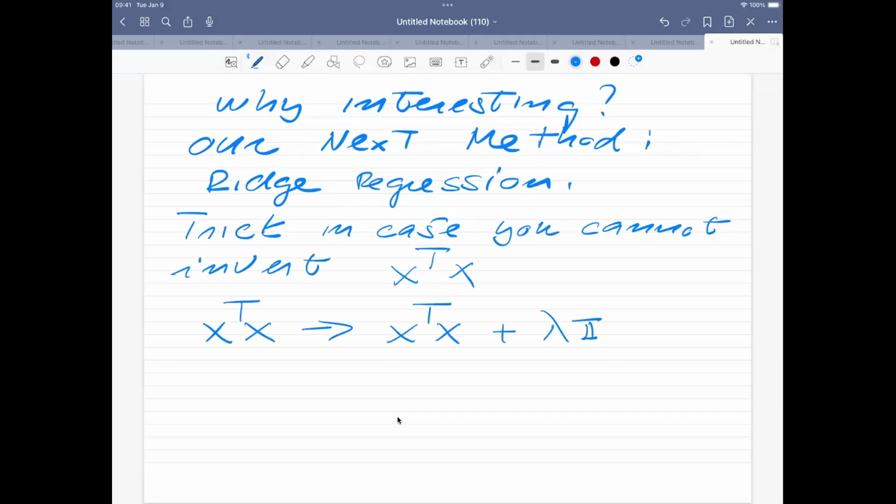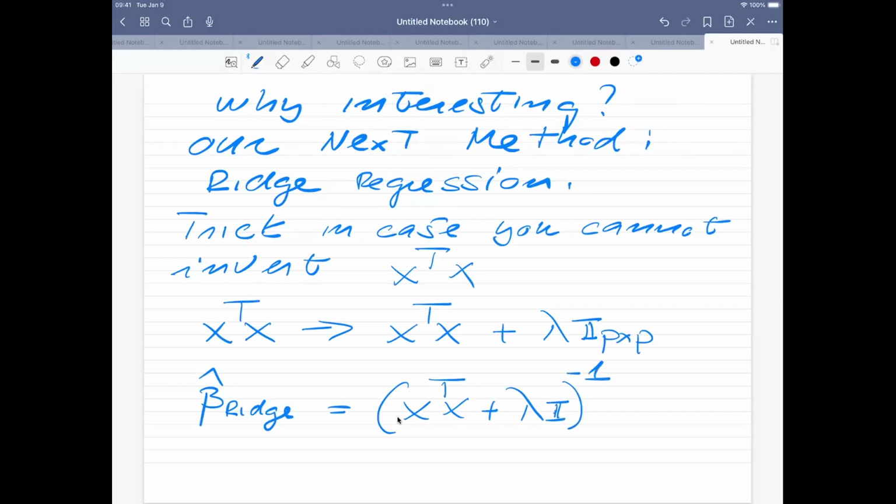If you do that, then you know that the quantity you want to calculate, this quantity beta, and now I'm going to put in ridge here, is actually equal to a new matrix, X transpose times X plus lambda multiplied with the identity, and this has dimensionality p times p, to the power minus 1, times X transposed times y.